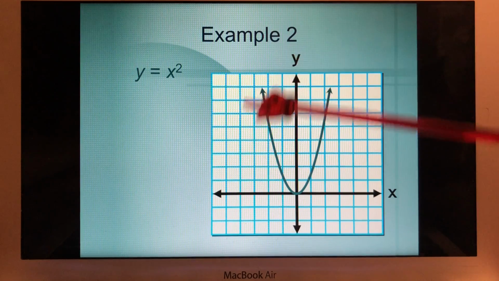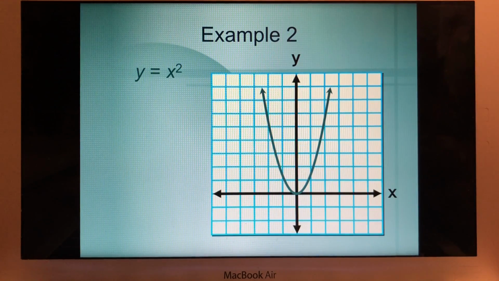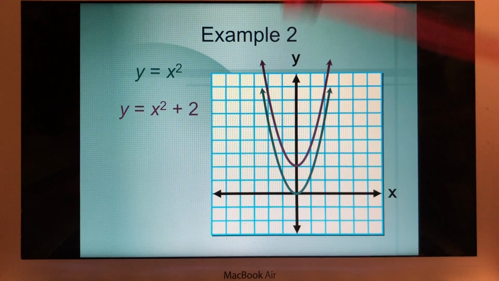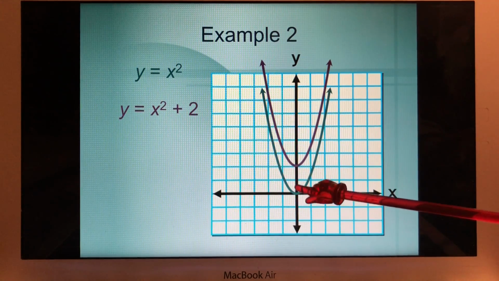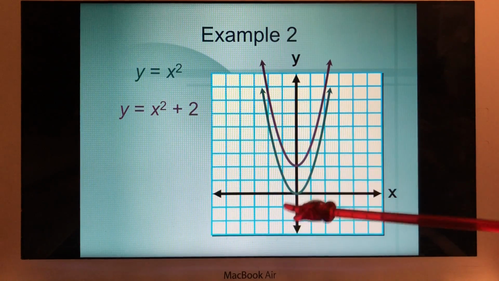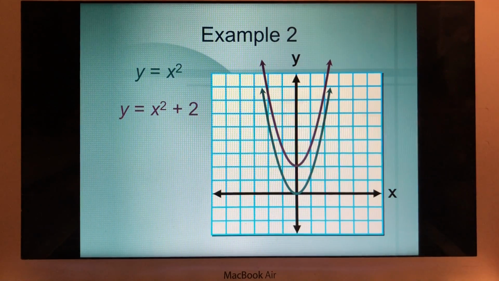So on this plane, we're going to graph all three of these functions. y equals x squared plus 2 is going to be the same graph, but just moved up because it's plus 2; it's shifted up 2.